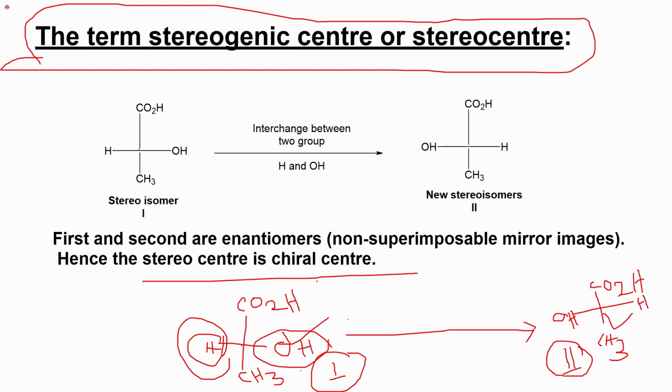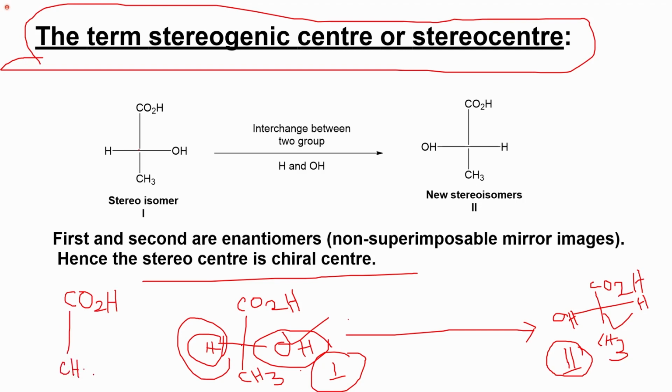Now we'll go to another new example. Let's say we have this molecule, CO2H, and here it is a CH3.